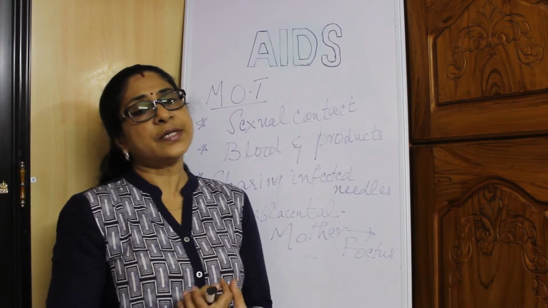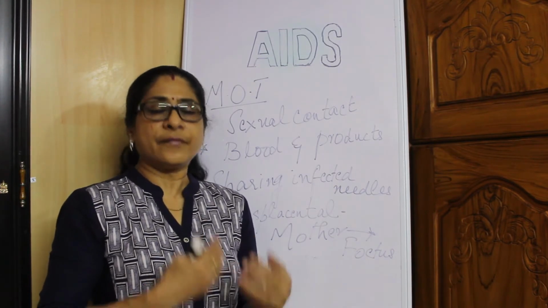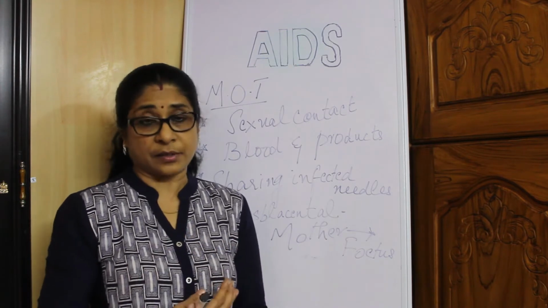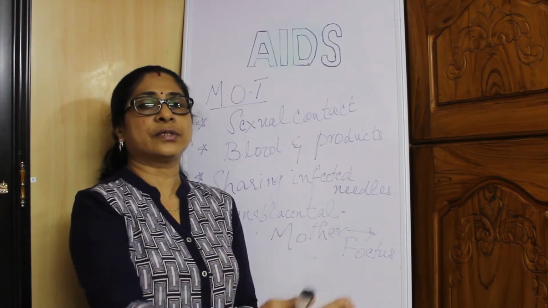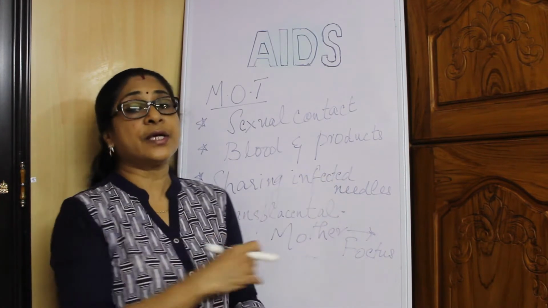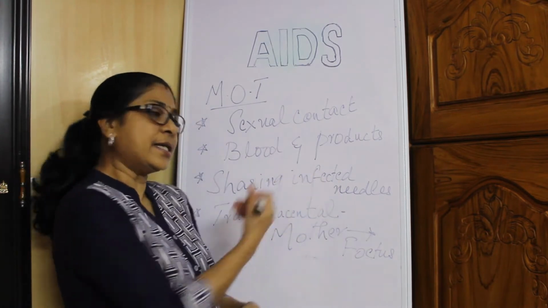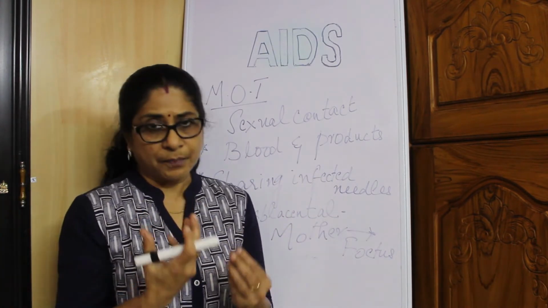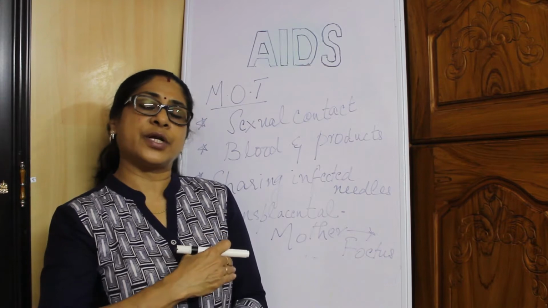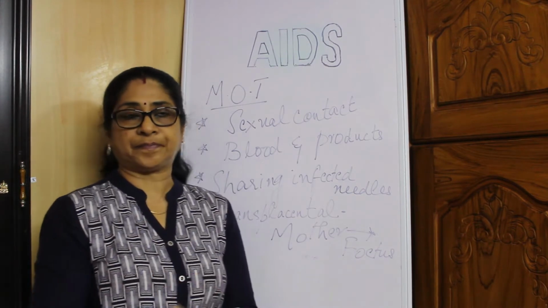So if the first person is an AIDS patient, or if the first person is HIV positive, there are chances for the disease to spread from one person to another. So any kind of infected equipment, surgical equipment like needles, is a potential way by which the disease is spread from one person to another.